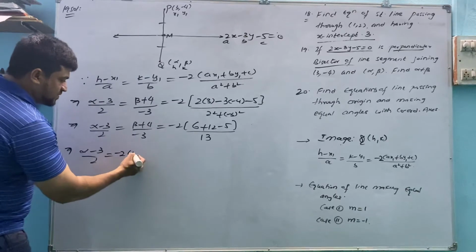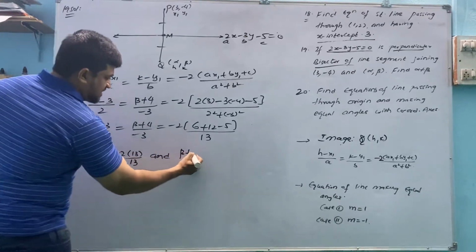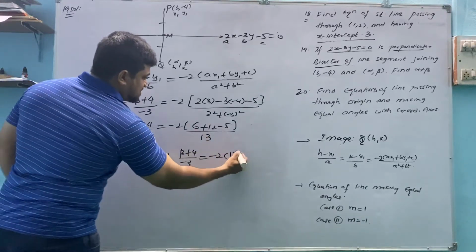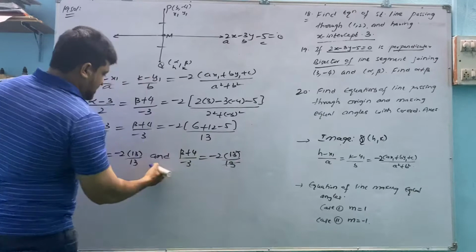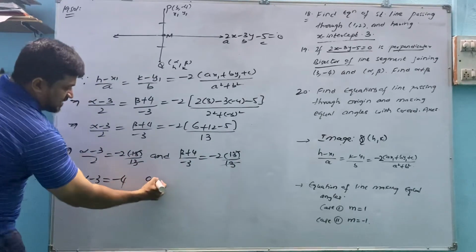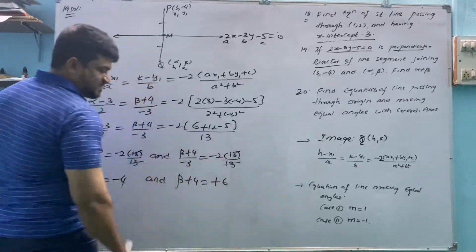Minus 2 into 13 by 13 and beta plus 4 by minus 3 equals to same thing. 13, 13 cancelled. Alpha minus 3 is minus 4 and beta plus 4 is minus into minus plus 6.